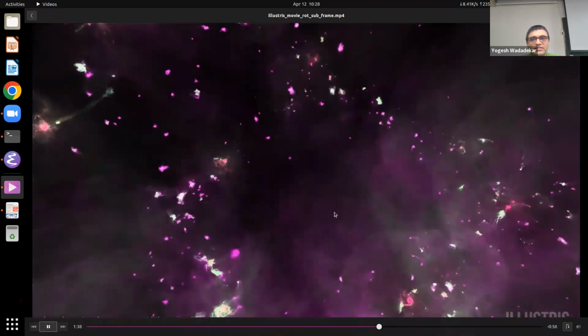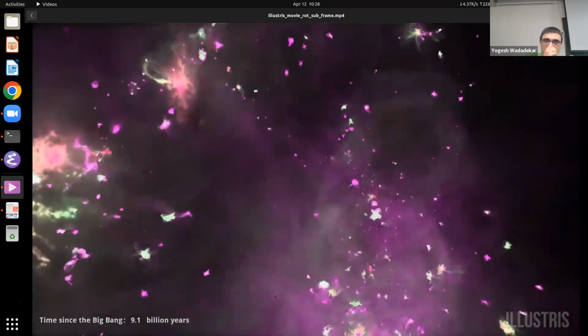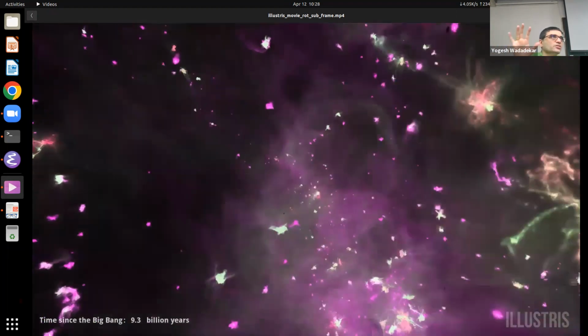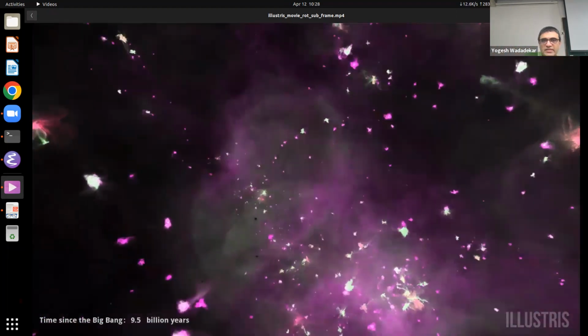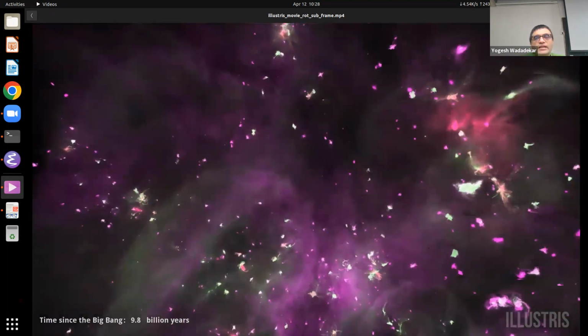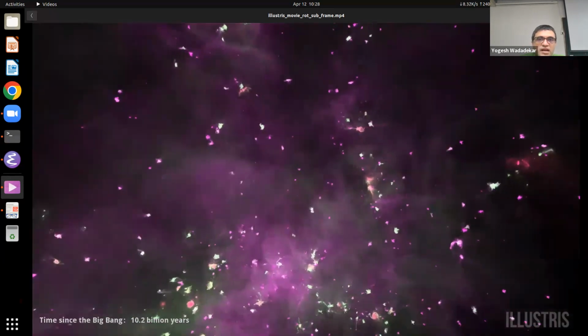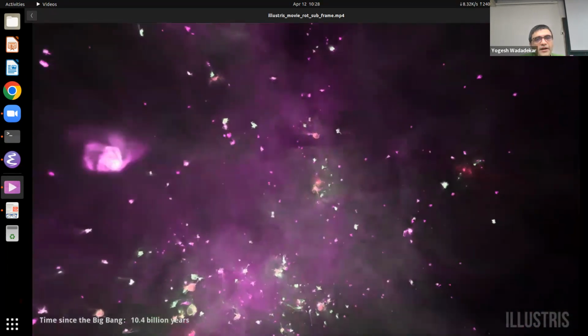So you can see that the space between the galaxies is now occupied not by green colored low metallicity gas, but by this magenta colored high metallicity gas. And at the same time, the structures are beginning to grow.